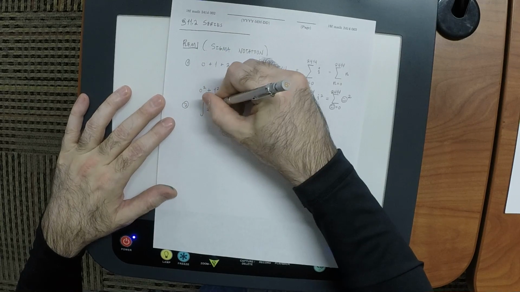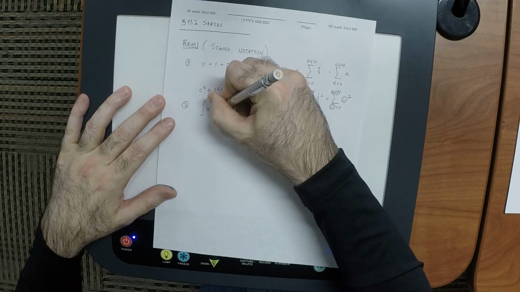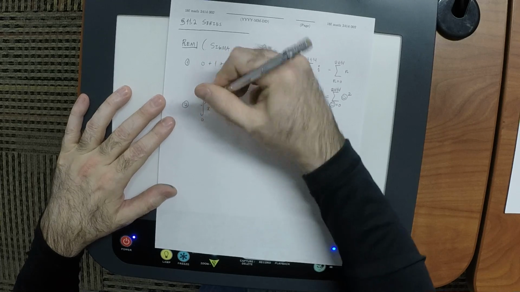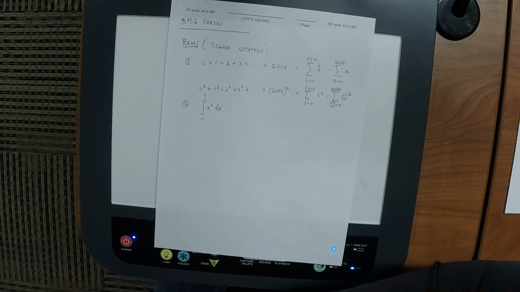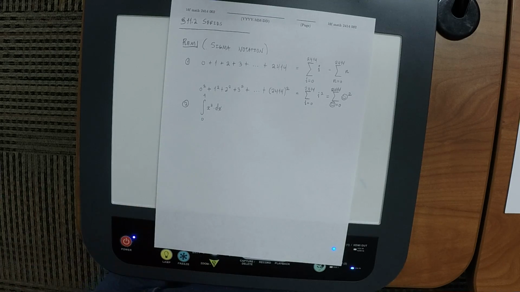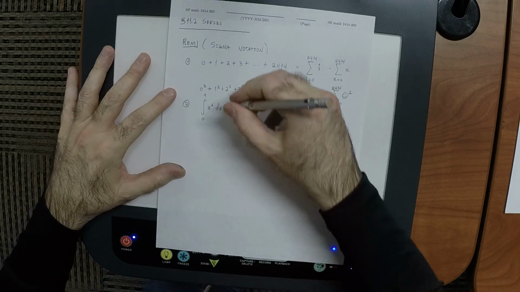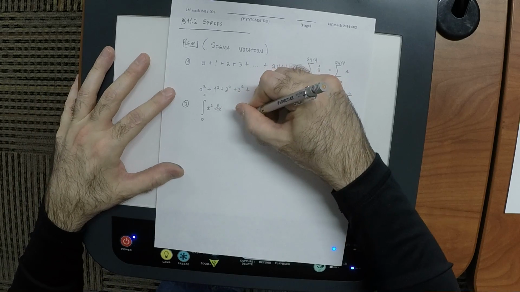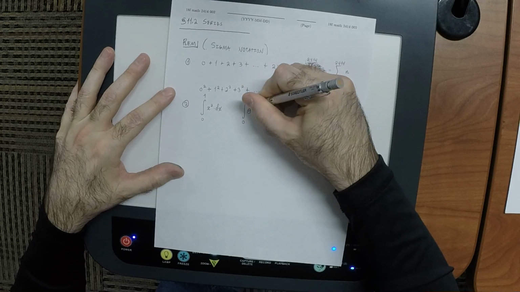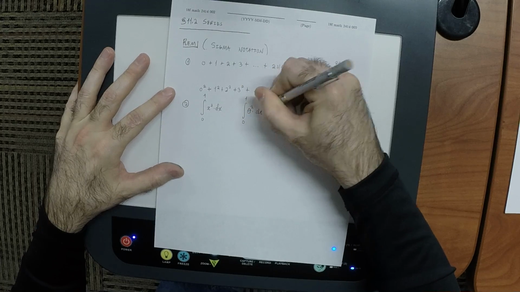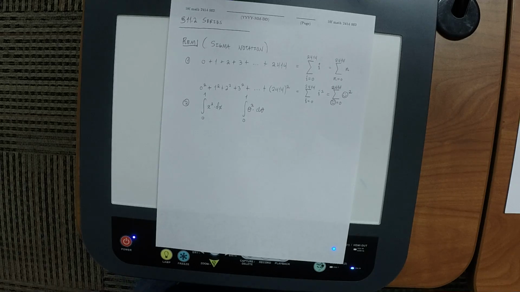So this is analogous to being able to say something like this. How about the integral of x squared dx from 0 to 1? That's an integral, right? So the answer is some number. I'm not asking you to evaluate it, but are we in agreement that the answer is some number? So what about comparing it to, say, this integral? How about that integral?